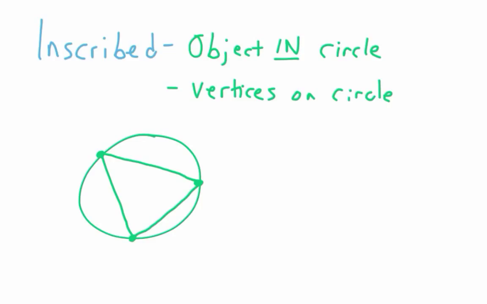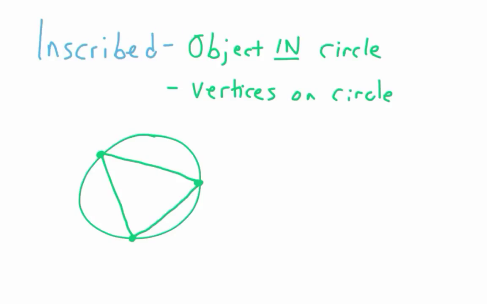So now the other one is going to be circumscribed, C-I-R-C-U-M-S-C-R-I-B-E-D. When I did the inscribed, I started with the object, so object in the circle. So now I need to start with the same thing.